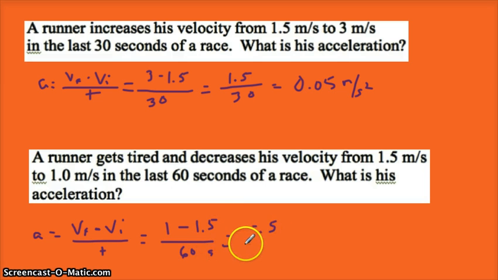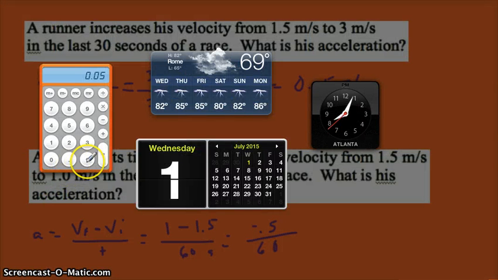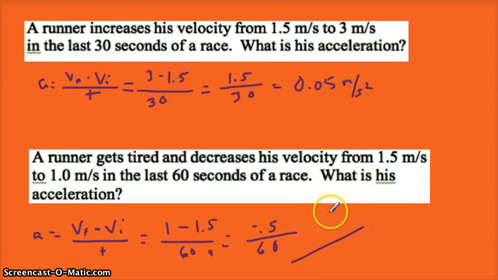So there's going to be negative 0.5 over 60. Let's go with 0.5 divided by 60 equals 0.0083. So the answer is 0.0083. And don't forget the negative, because it's deceleration. But it's going to end up being in meters per second squared.